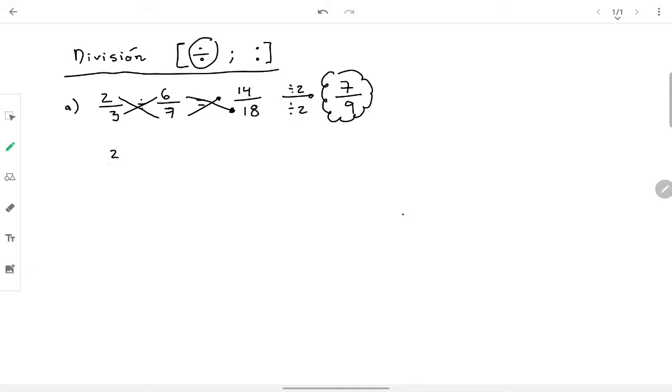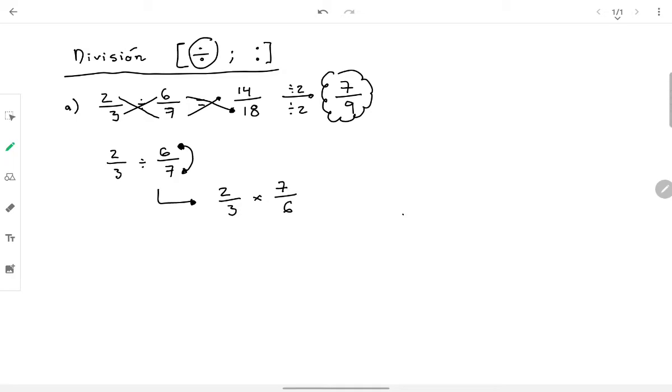One form, it's 2/3, the sign of division, 6/7. One form is that we can transform a division into multiplication. If we turn this, we can make the numerator the denominator and backwards, the denominator the numerator. So we can represent this as a multiplication, as 2/3 multiplied by 7/6.